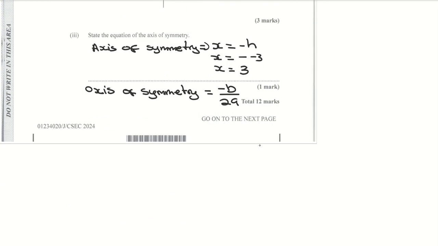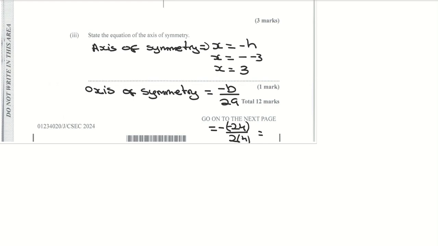So I know that this would be equal to negative, minus 24, because remember it's negative b, over 2a, which is 2 by 4.